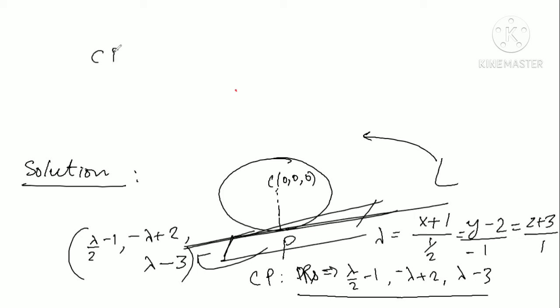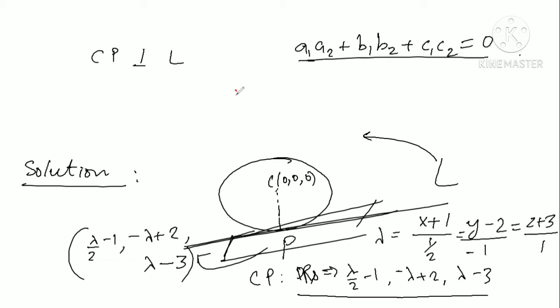Now we know that CP is perpendicular to the line L. So if we know the direction ratios of the line and the direction ratios of CP, we can apply this formula: A1 A2 plus B1 B2 plus C1 C2 is equal to 0. The direction ratios of the line we already know, that comes from the denominator.